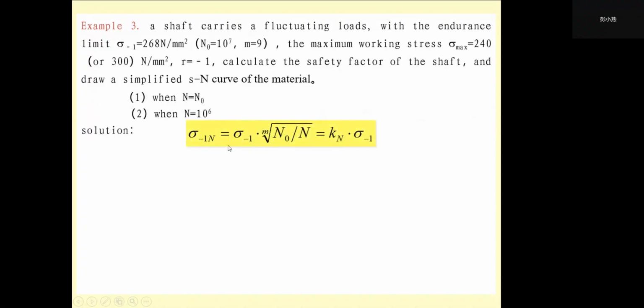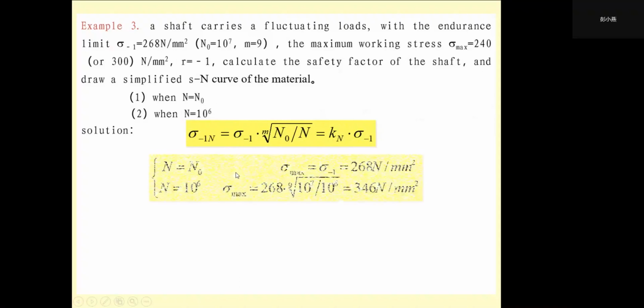Then we load this: endurance limit sigma -1N is equal to sigma -1 times this, which is the Kn.